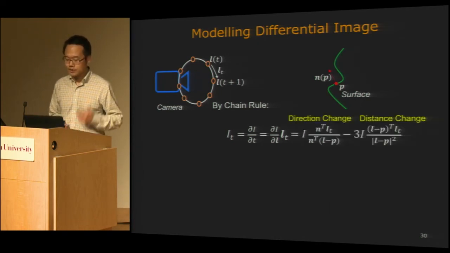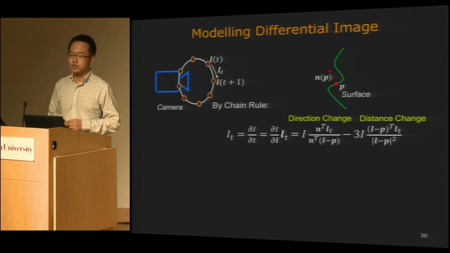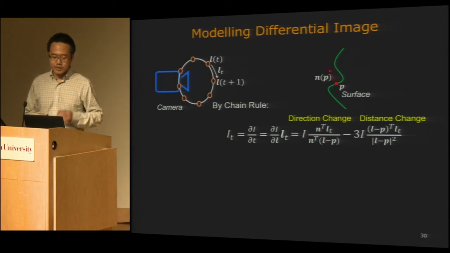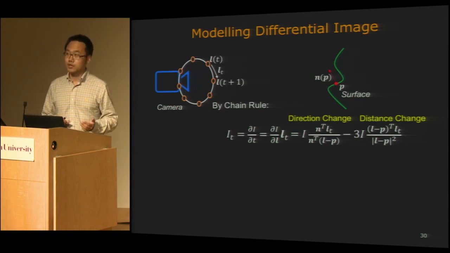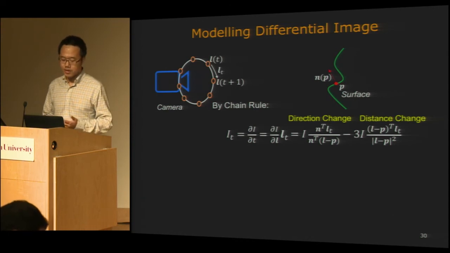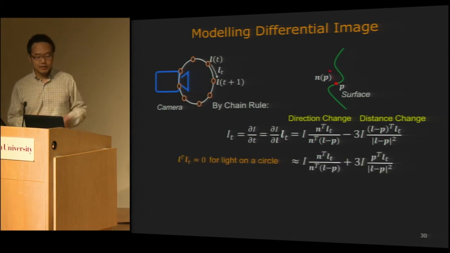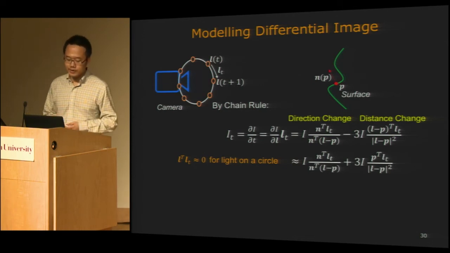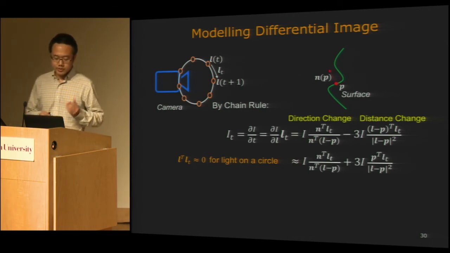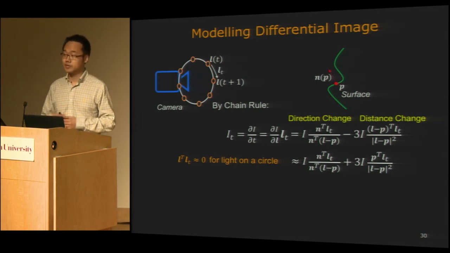And we have derived in the paper that this differential image can be decomposed into two terms. Basically, the first term describes the intensity change contributed by the change of incoming light direction. And the second term describes the intensity change contributed by the distance change. Because the lights are mounted on a circular LED ring, the light source position and the light source motion direction are perpendicular.